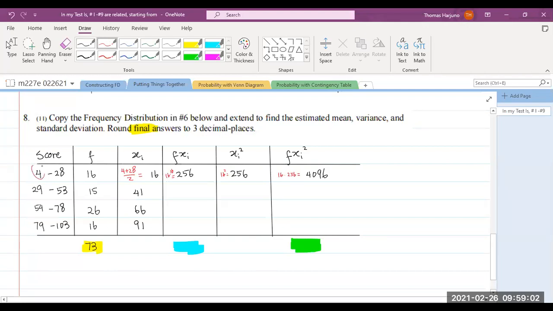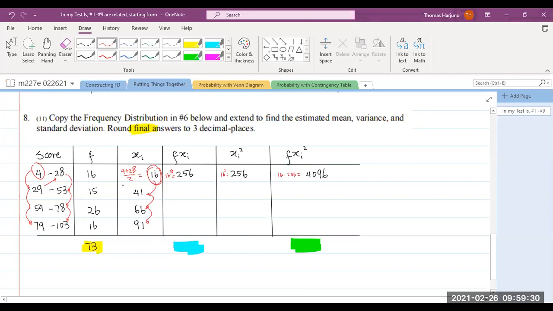So it starts from this one, you add 25, add 25, add 25. And the way we set it up, I subtract by 1 to get that 28, add 25, add 25, add 25. One of the big consequences is that once you get the midpoint for the first class, you will add 25, add 25, add 25.